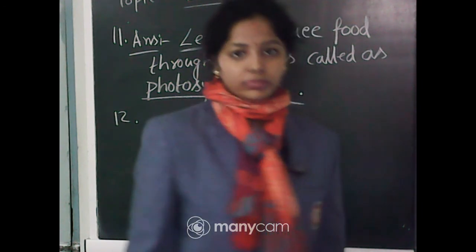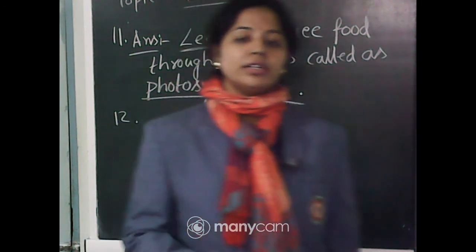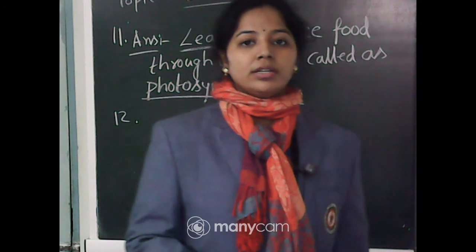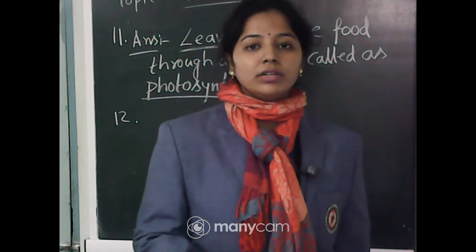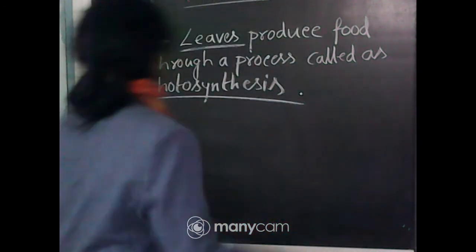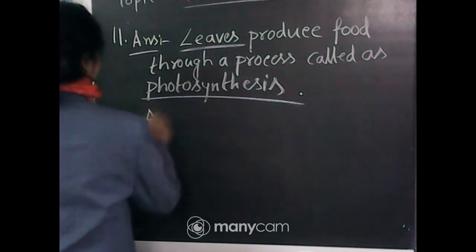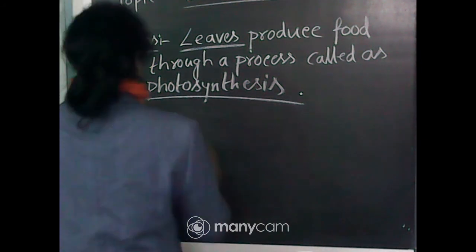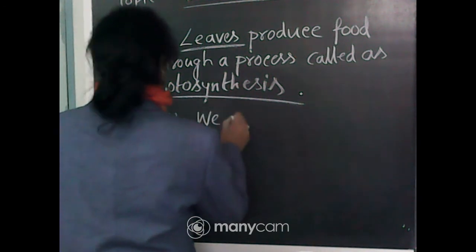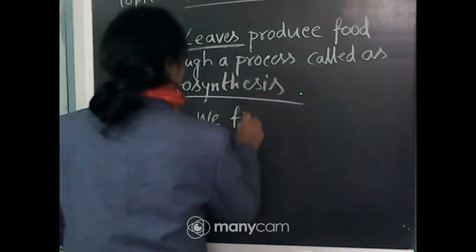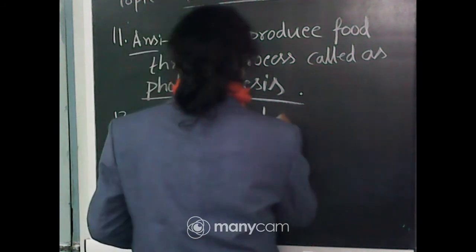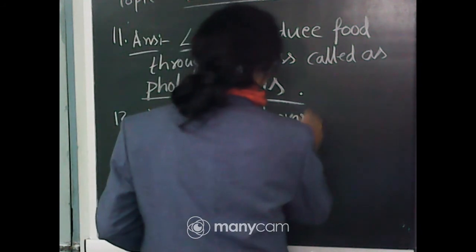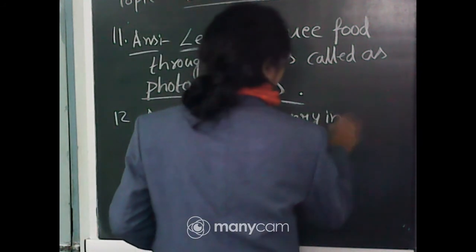I have already drawn it in the previous question, that in a pistil the ovary is present. So I am trying to write this. We find the ovary in the pistil.